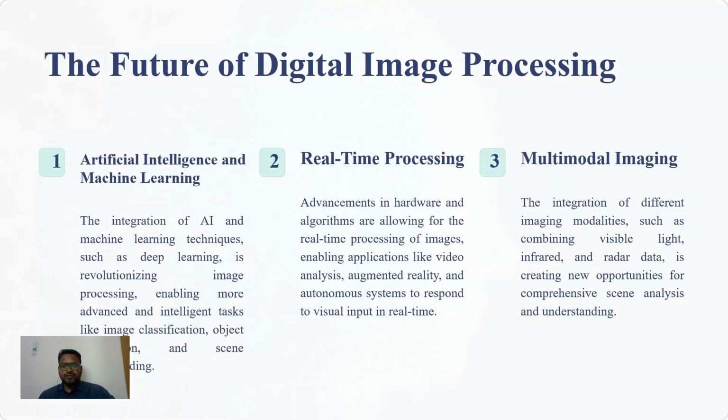Next, the future of digital image processing. I will conclude by looking at future trends like AI and machine learning, real-time processing, and multimodal imaging. AI and machine learning are enabling more advanced tasks like image classification and scene understanding.